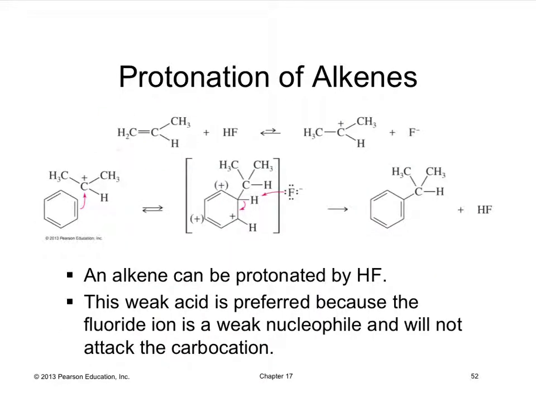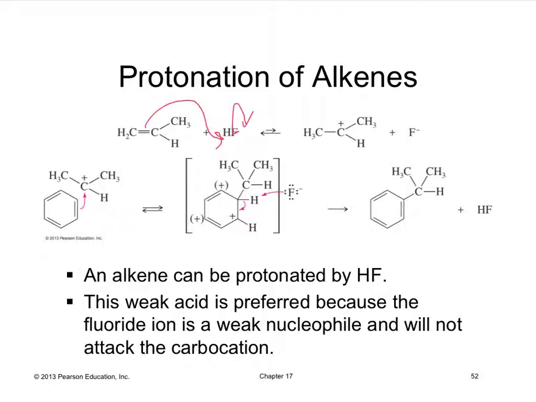You can also take alkenes in the presence of hydrofluoric acid. This will protonate, right? Forming the cation shown here. The cation then reacts. Again, this is a shorthand version of the 3 possible resonance structures, right?